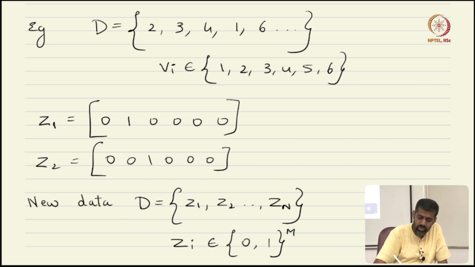So Z1 is 0, 1, 0, 0, 0, 0 for positions 1 to 6, correct. And Z2 is 0, 0, 1, 0, 0, 0 and so on. You got it, right. This is called the one hot representation.